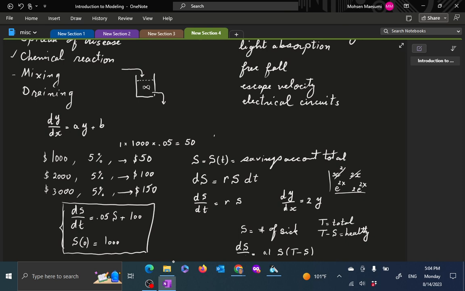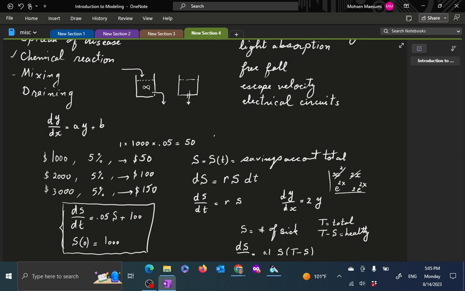Draining problem. Draining problem is just the mechanics of draining a tub. So suppose we have a tub, we make a hole in it, and then we let the water come out. That's all. How does that relate to differential equations? Well, there are laws that govern at what rate the water leaves the tank.